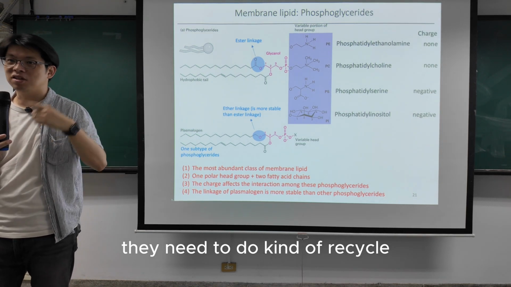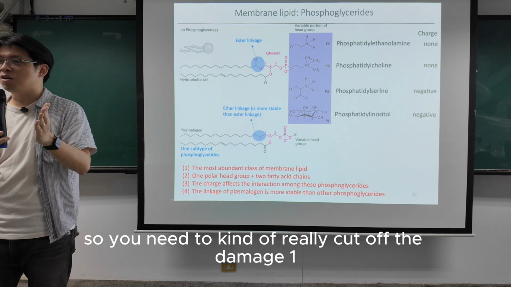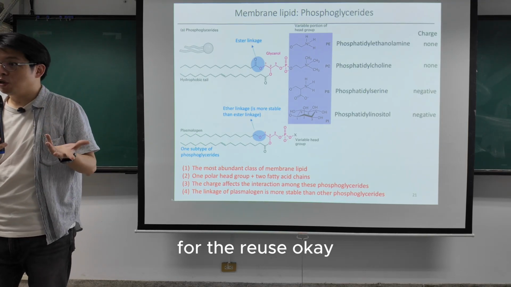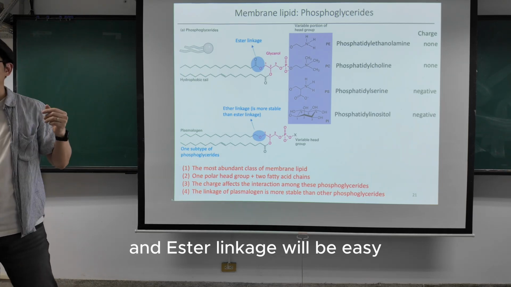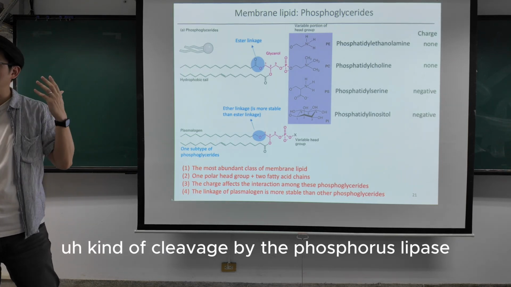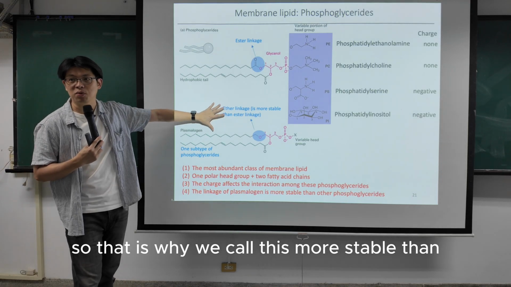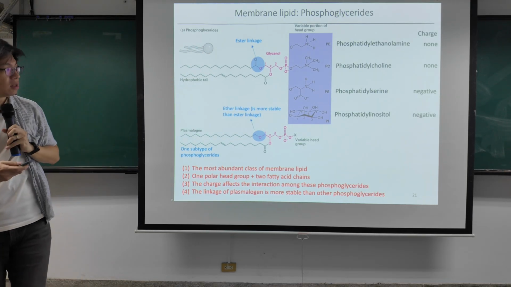They need to be recycled, they need to go through metabolism. So you need to cut off the damaged one so that it can be reused. Okay, and the ester linkage is easily cleaved by the phospholipase, but the ether linkage is not. So that is why we call the ether linkage more stable than the ester linkage.